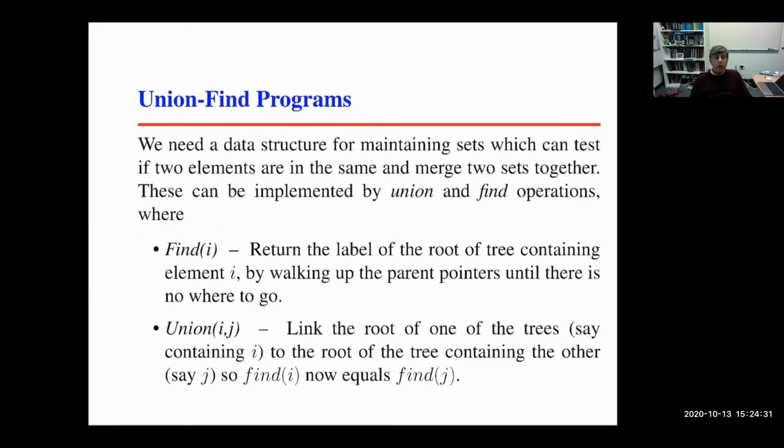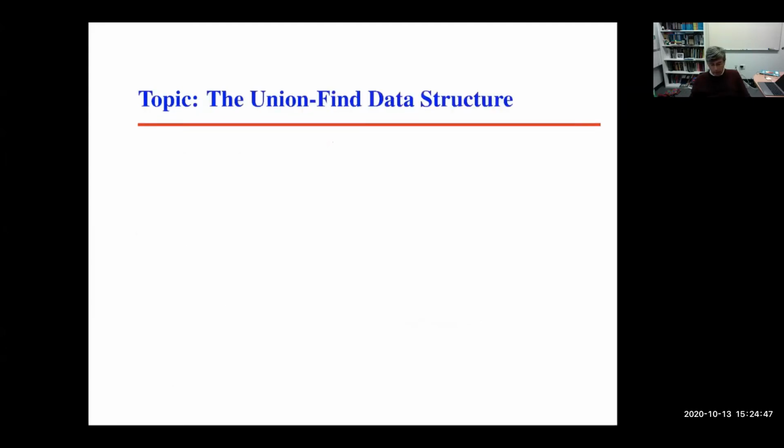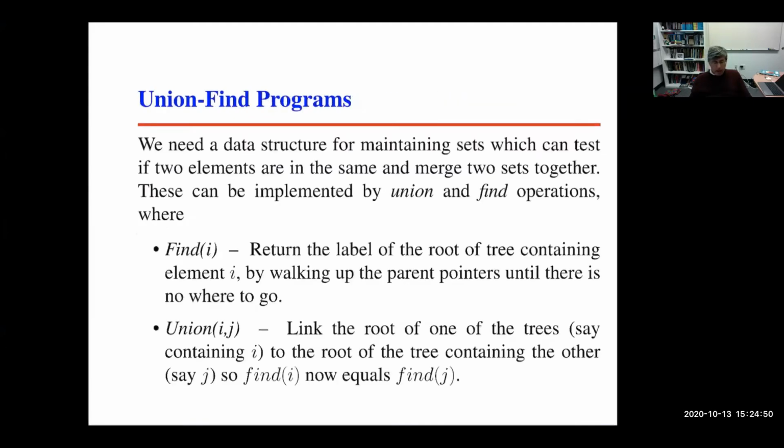Okay, so what is the idea behind the union find data structure? As was sort of hinted at by the student's idea, we're going to represent each set by a tree. And what we're going to do is find is going to tell me the root of a tree, and union is going to merge two trees together.